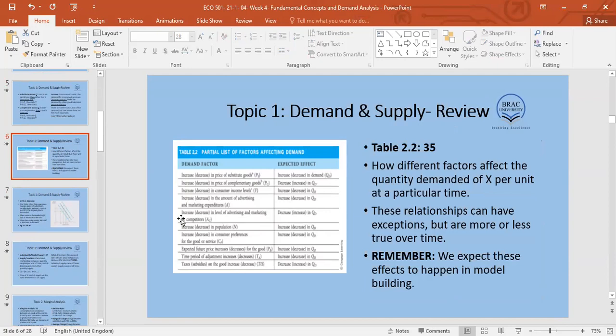For example, in Dhaka city, even if the income of people remains unchanged, if tomorrow morning 200,000 people enter the city to live, the demand for eggs will automatically increase. The demand for bananas will also automatically increase.